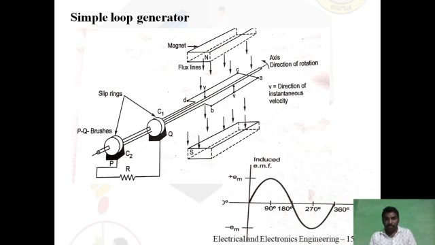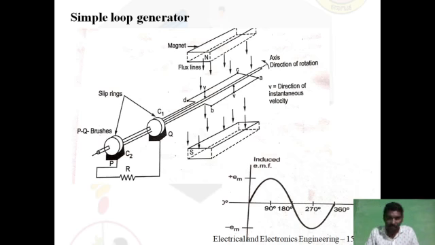By observing the diagram, a magnetic field is created with the help of bar magnets, and the magnetic field is represented by magnetic lines of force, which is called magnetic flux. The second thing is the conductor part. We have taken two conductors AB and CD, joined at the back end.